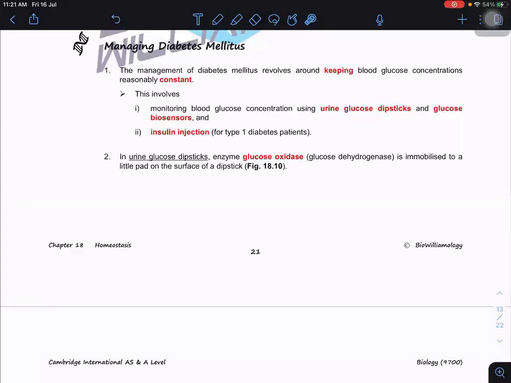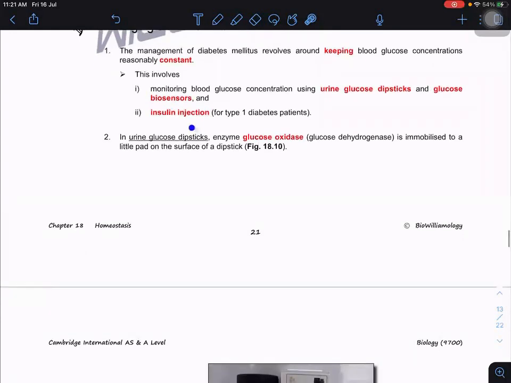Now this is not so true, because you can't monitor blood glucose by using a urine glucose dipstick, but it gives us some sort of indicator of the blood glucose concentration. Or we can use a glucose biosensor. And for type 1 diabetes patients, we can use insulin injections to make sure that they have a low or normal blood glucose concentration.